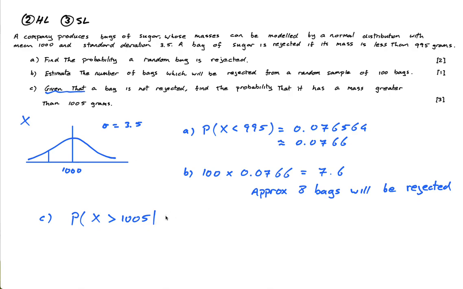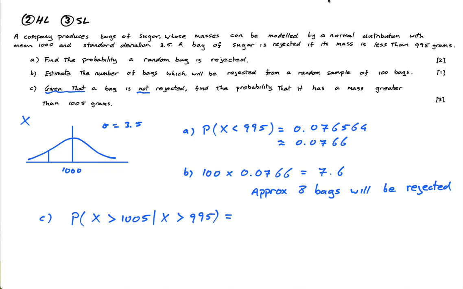So given that X is bigger than 995, because remember, it is not rejected. If it is not rejected, then it will be bigger than 995. Remember, guys, because it's a normal distribution, it doesn't matter if you put greater or equal to or just greater than, because the probability that it equals 995 is 0.